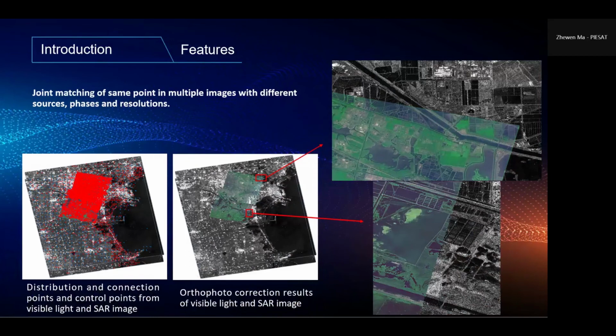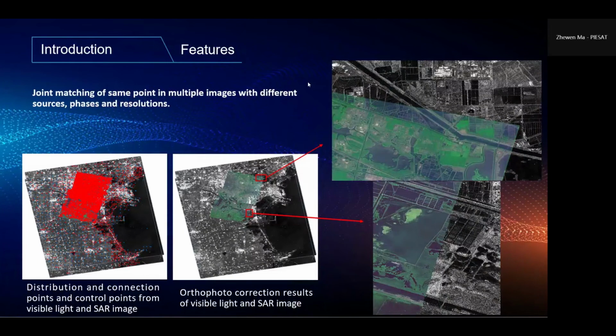This picture shows we use 2 scenes of Golfin 1 image and 2 scenes from Golfin 3 image to perform the matching and block adjustment for the control point and the matching point here. So the final results are displayed on the right, where you can see the partly enlarged images.